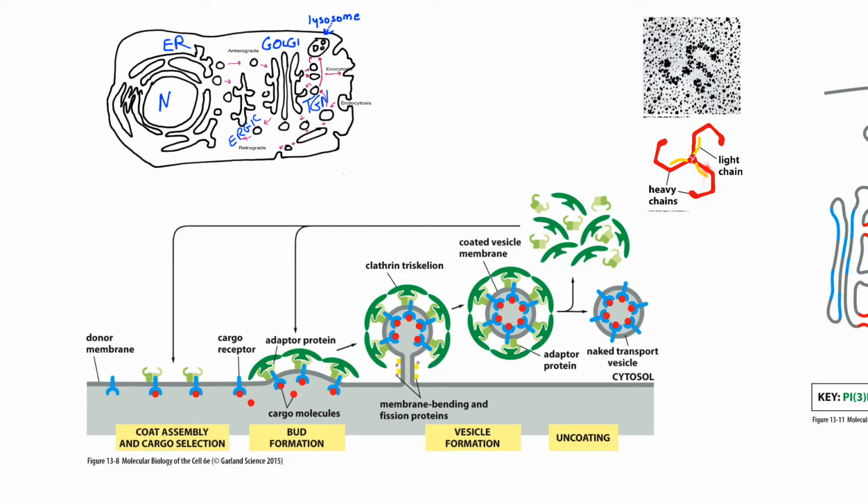It's made up of individual structures, not monomers, but individual pieces. And here's probably a cryo-electron micrograph of that structure, and they're referred to as triskelions. So that's the repeating unit of the clathrin coat.